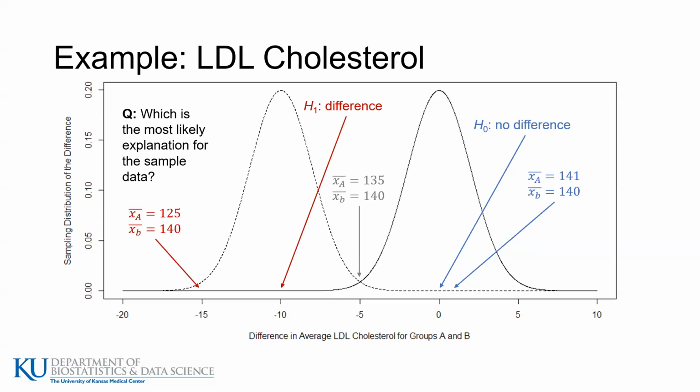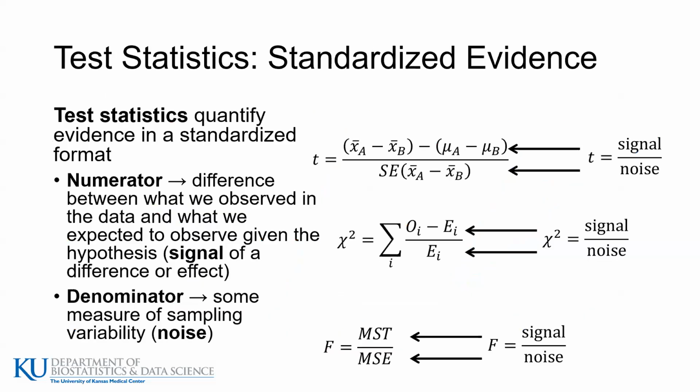Whereas if we observe a scenario where the average difference between the two groups is around -5, this is not quite as straightforward. So this will necessitate some calculation of a test statistic.